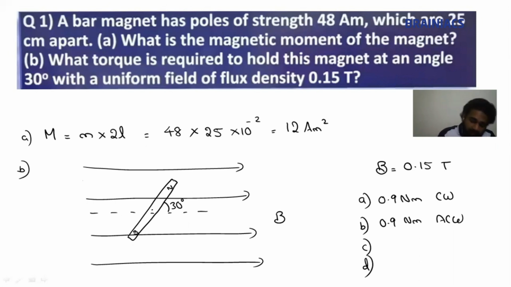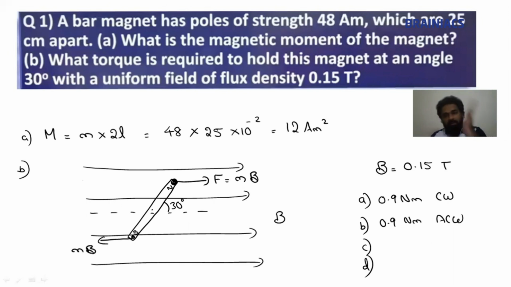If this is a pole, definitely there will be a force F, just like QE, pole strength into B towards right direction, and in the south pole we are going to have MB in this direction.